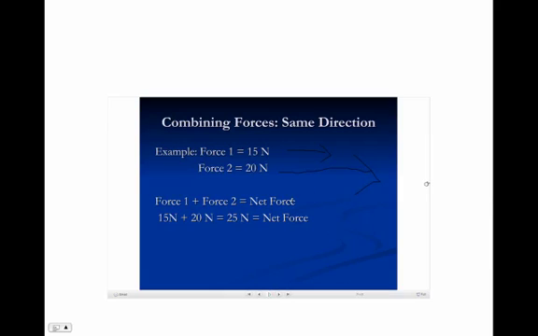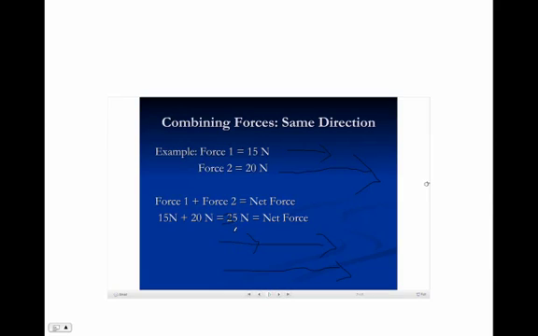What would the net force be? Well, we take the arrows, we can line them up. 15 and 20, one great big long arrow would represent the net force, which is 35 newtons.